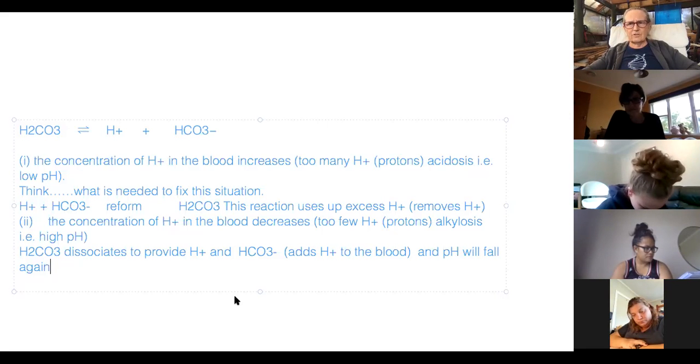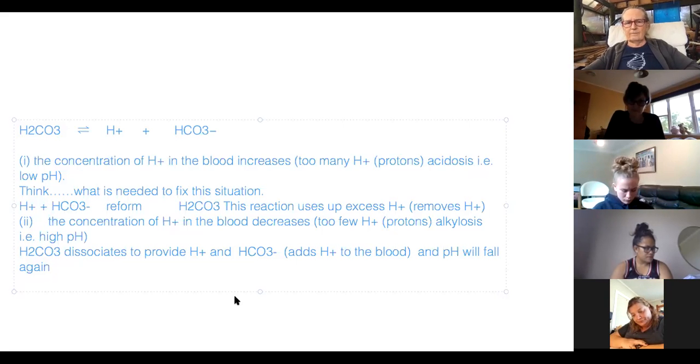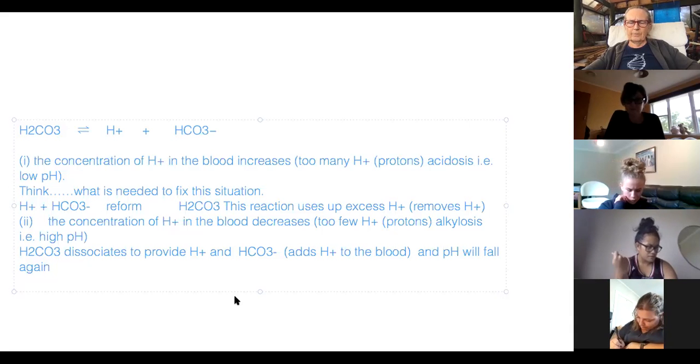But if your kidneys are not clearing it, then that's why it's a serious problem. That's why you have to have dialysis, because you've got to get all the toxins out of your blood, because your blood has to stay within that very narrow band of pH. And so if your kidneys and your blood buffering system, your bicarbonate system, is not up to the job, then that's why you would need help.